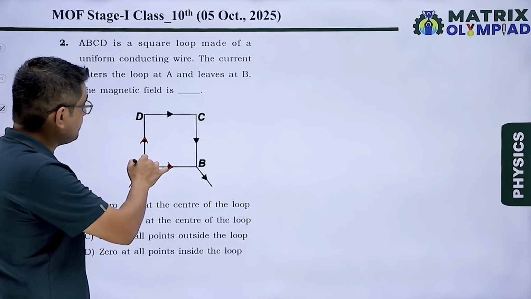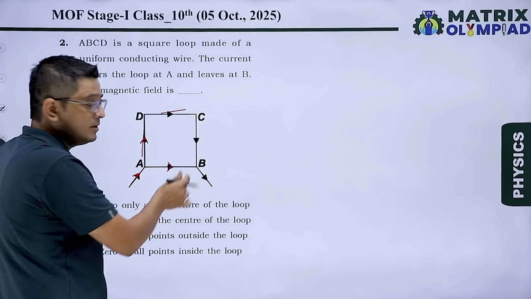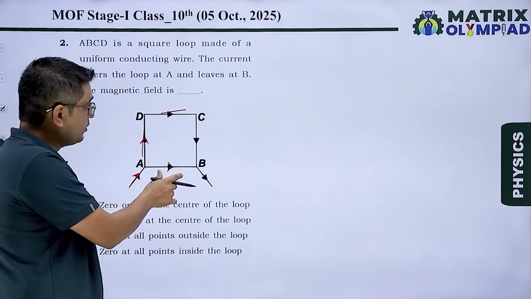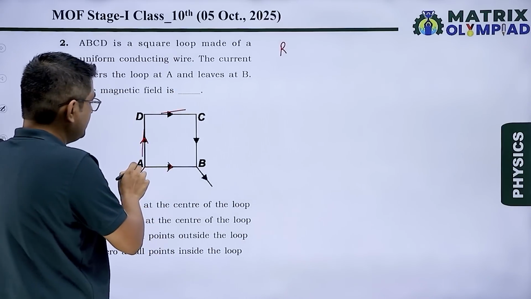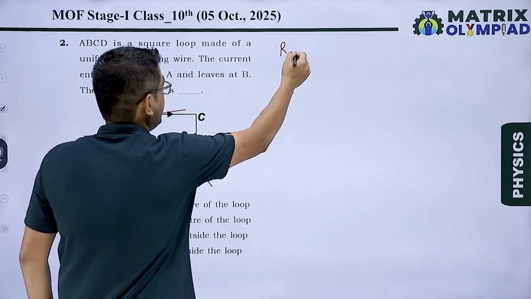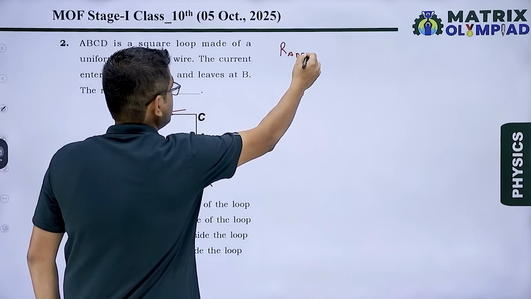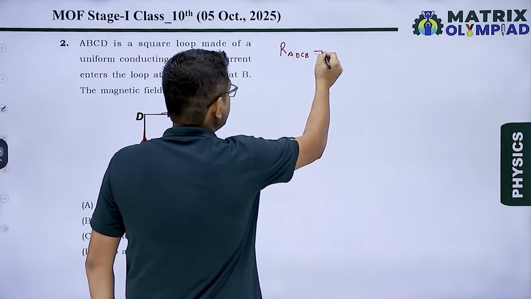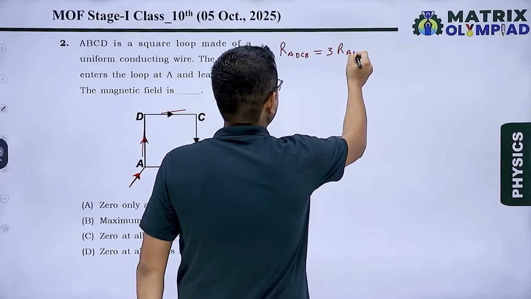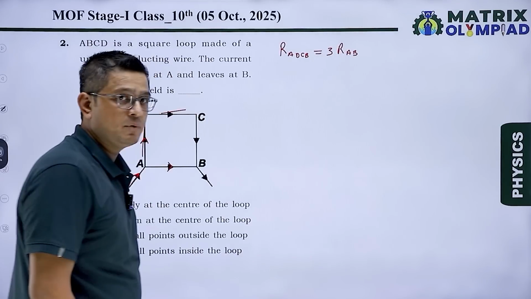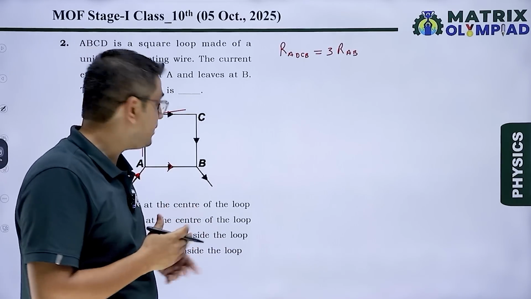So the resistance of this part will be 3 times compared to AB part. So we can say resistance of RADCB will be 3 times the resistance of part AB, because resistance is directly proportional to the length of wire.